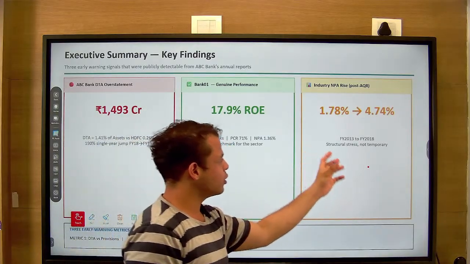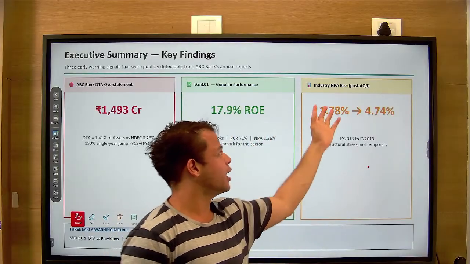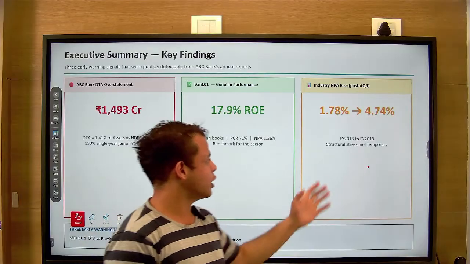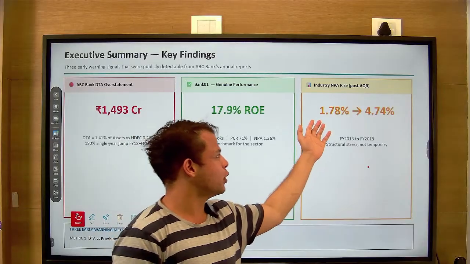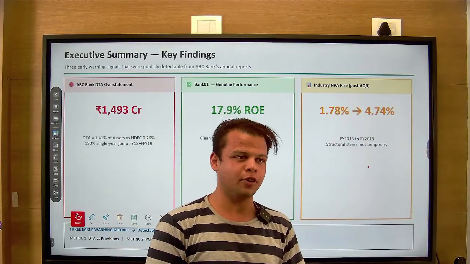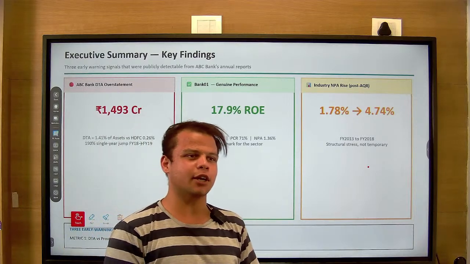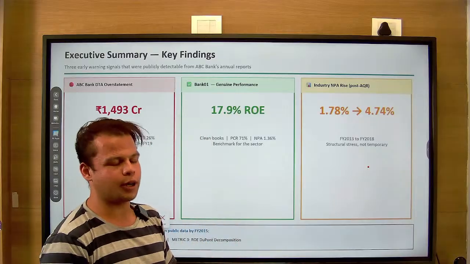This is about what NPA was raised in the banking sector in 2013 to 2018. NPAs were around 1.78% to 4.74%, but our ABC Bank increased it to more than 5%. In the coming slides, we'll get to know how it is done.